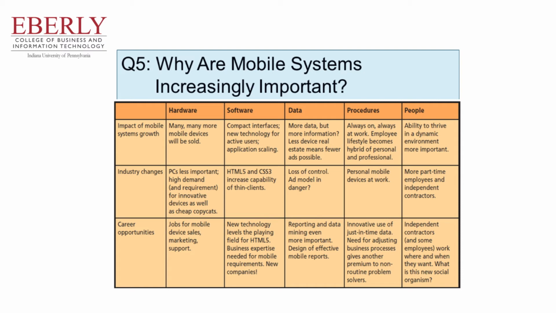Software. The mobile user is an active user and expects an active screen experience. The premium will be for moving graphics, changing web pages, and animation. Applications will need to scale from the very smallest to the very largest, while providing a user experience appropriate to the device size.